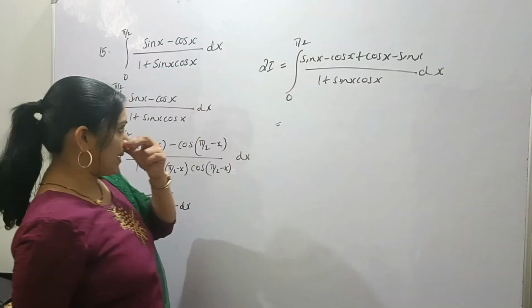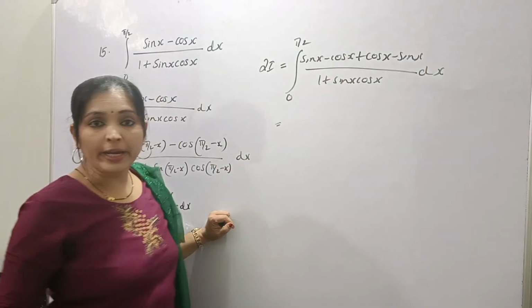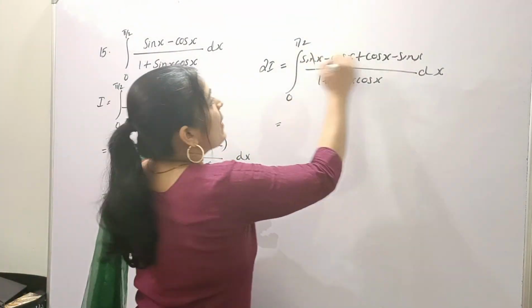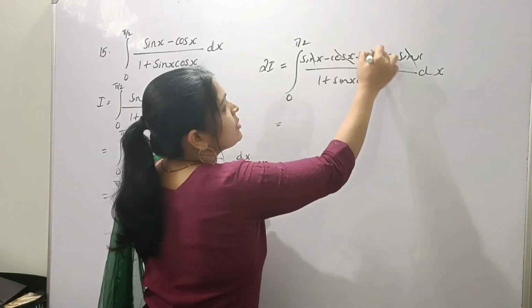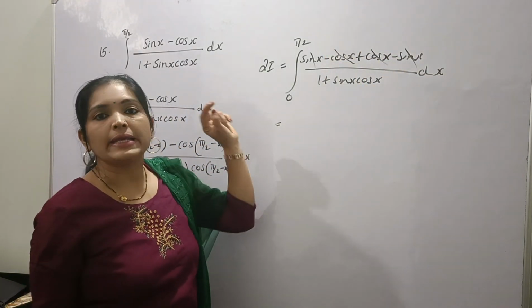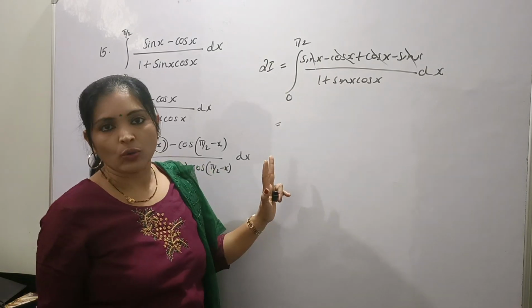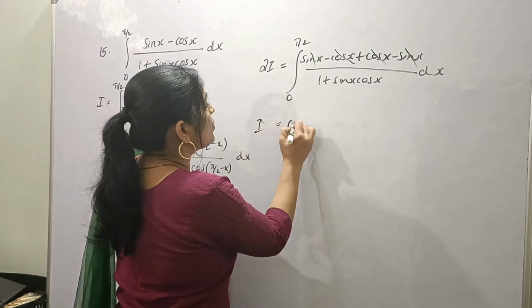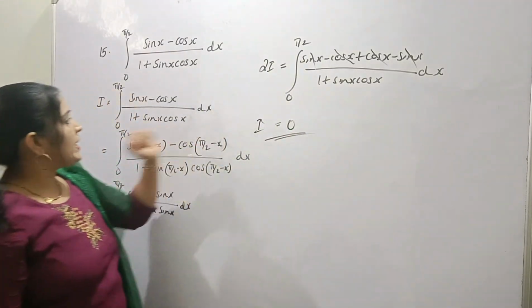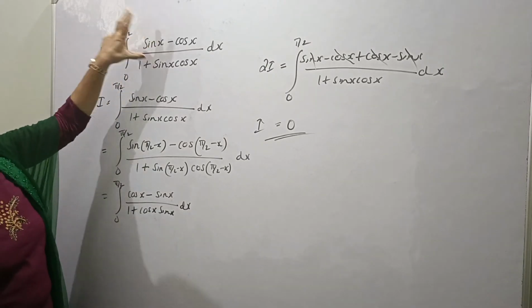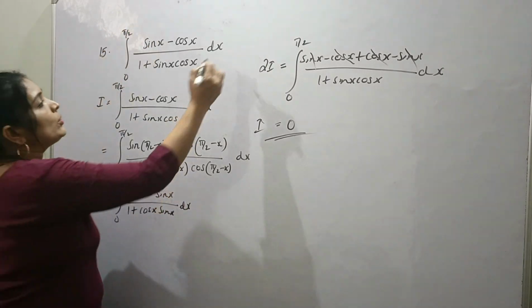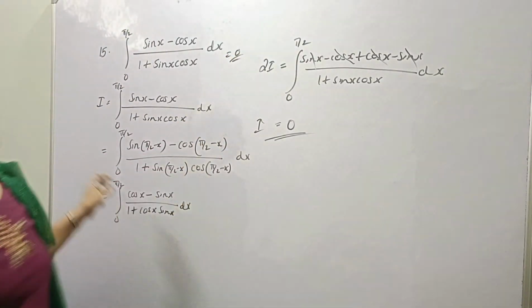See here, what is the numerator? Sin x minus sin x cancelled. Minus cos x plus cos x cancelled. So it is 0. So that is integral of 0, that is 0, right? So here I is equal to 0. That is, the value of this given definite integral is equal to 0.